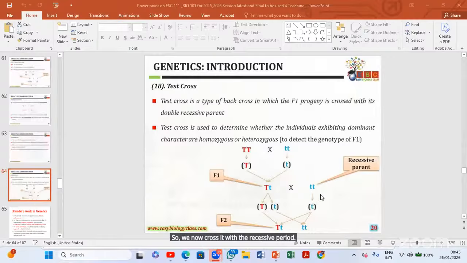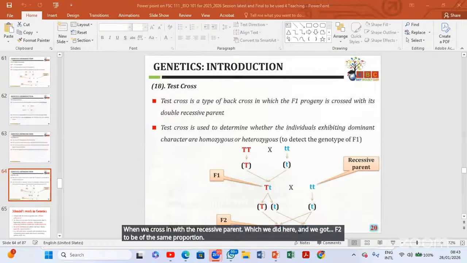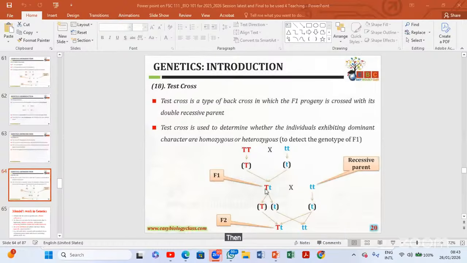When we cross it with the recessive parent, and we get F2 in equal proportion, then our F1 is heterozygous. But if we got all of F2 dominant, then that means our F1 are also homozygous.